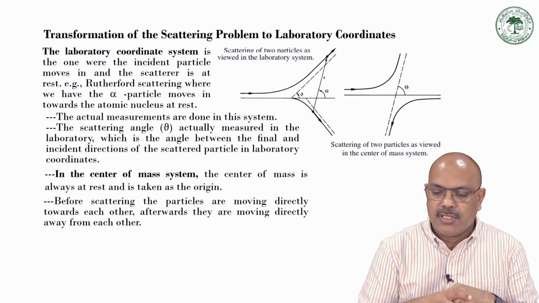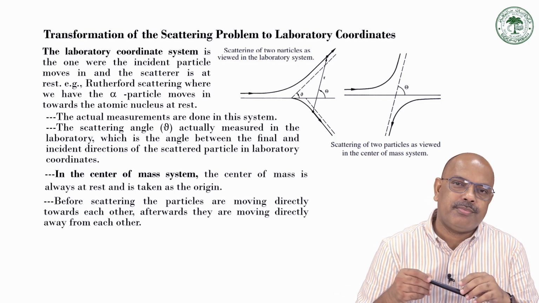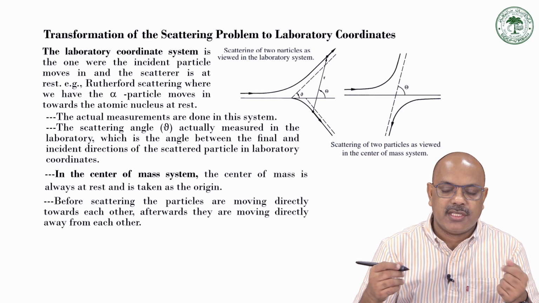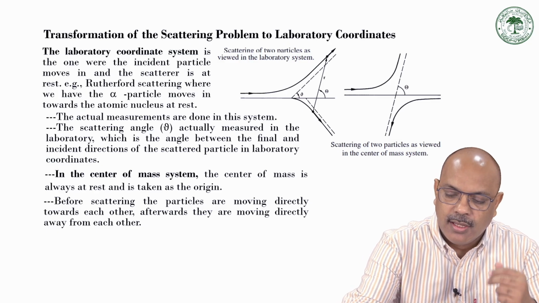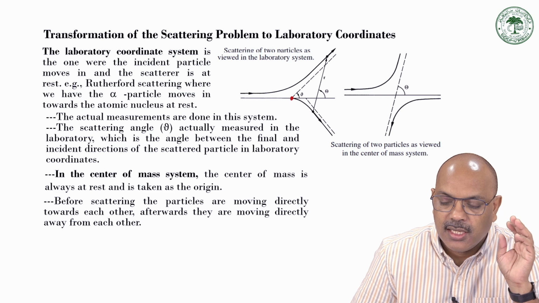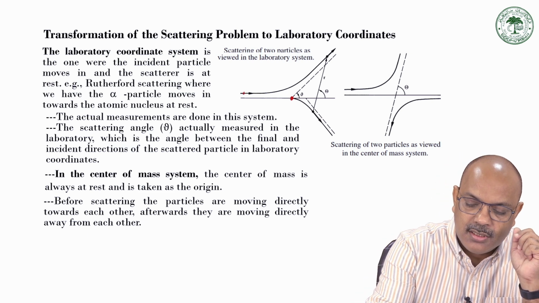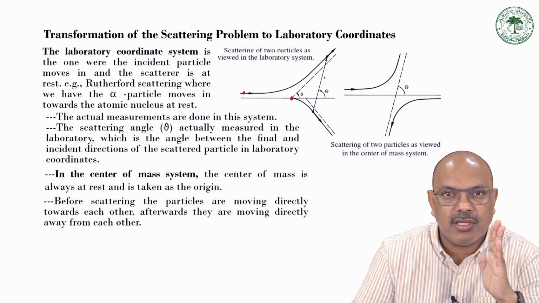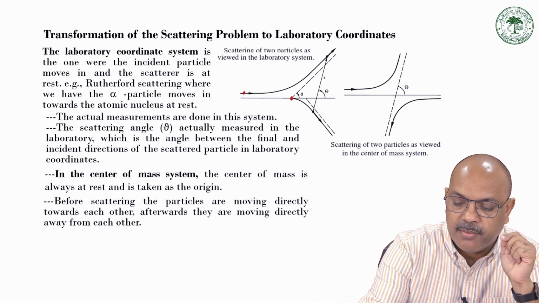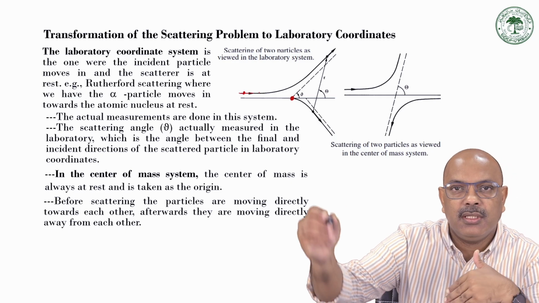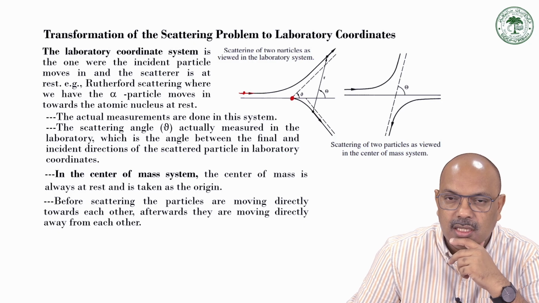So if you see in the lab frame, how the scattering is taking place. In the lab frame, your target is stationary at some point, and then the projectile is coming towards that stationary target, and then depending upon the nature of the target and the projectile, this particular projectile is going to get scattered.